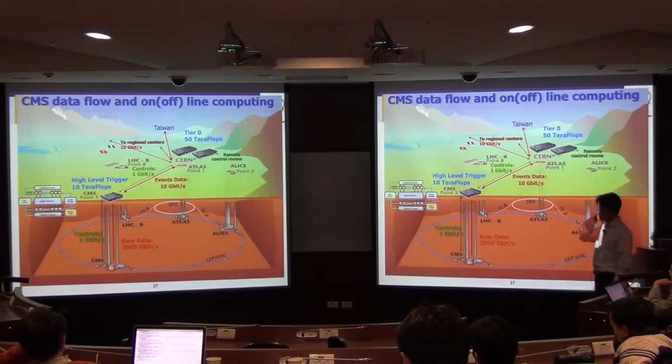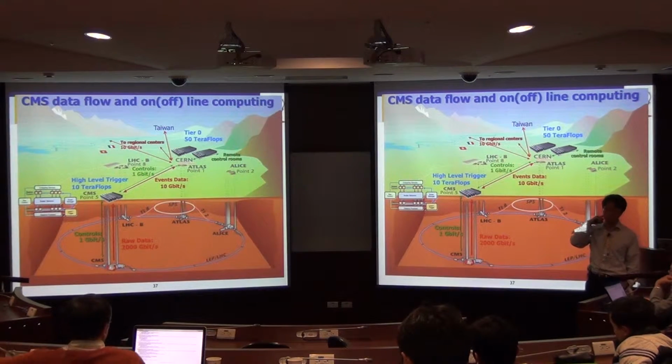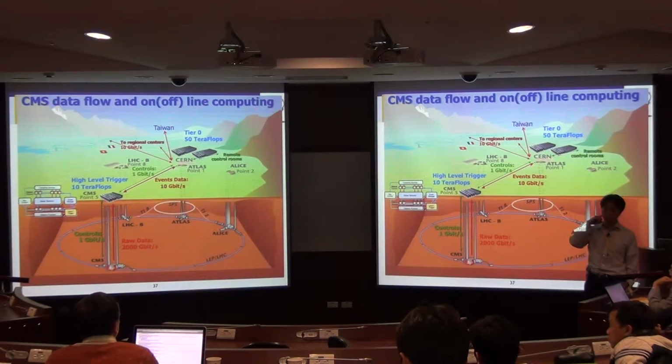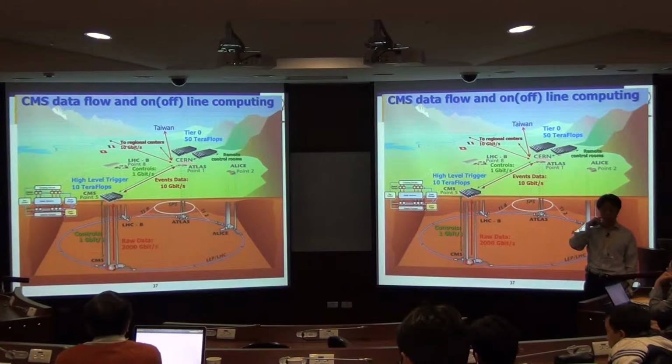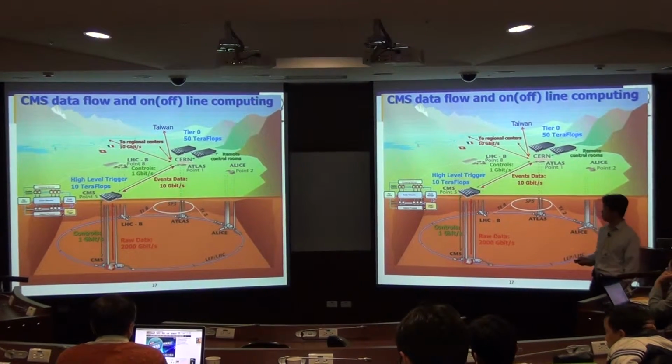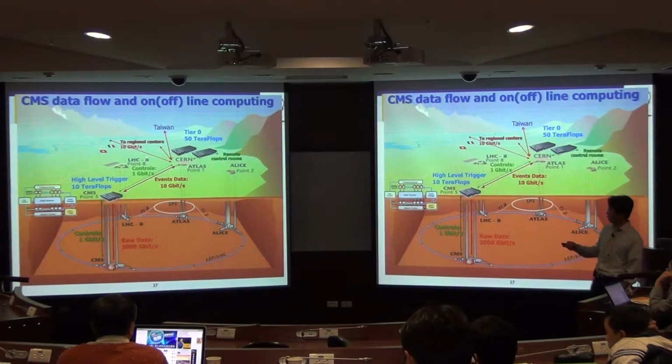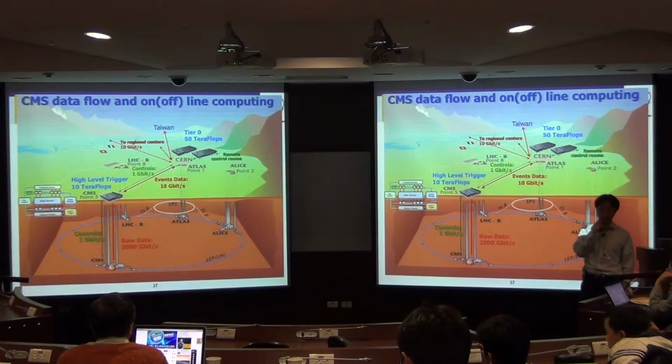So let's summarize the basic particle detections. I want to highlight also the success of Large Hadron Collider physics. It's not just the particle detection, but we also revolutionized the way we do computing. And in particular, Taiwan actually also played a leading role here.